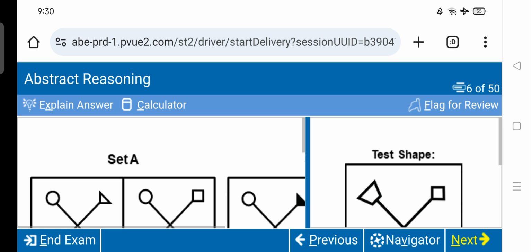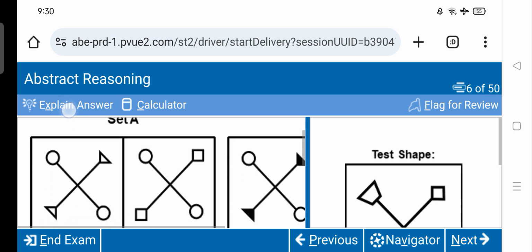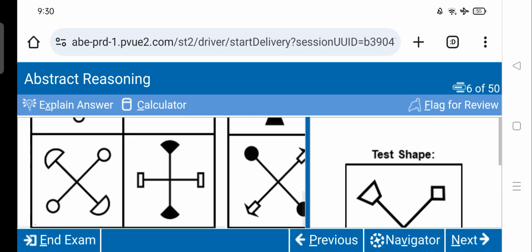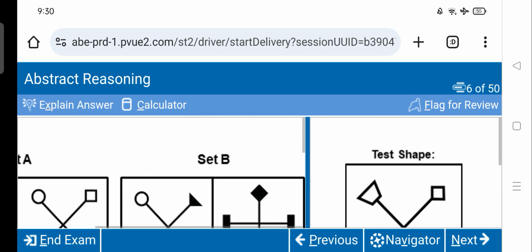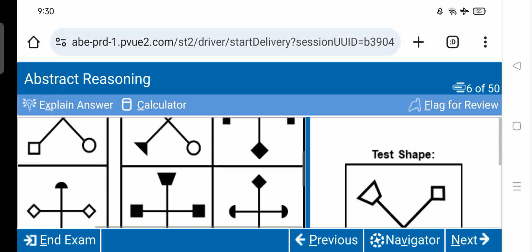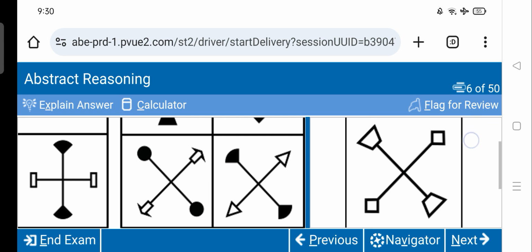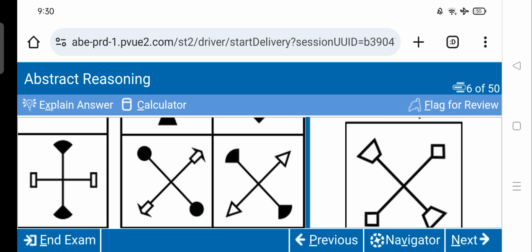Question number 6, having these shapes of set A. Then we have shapes in set B. A test shape looks like this.